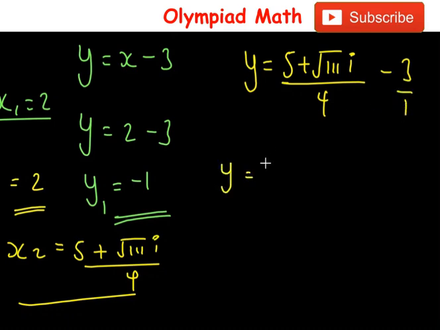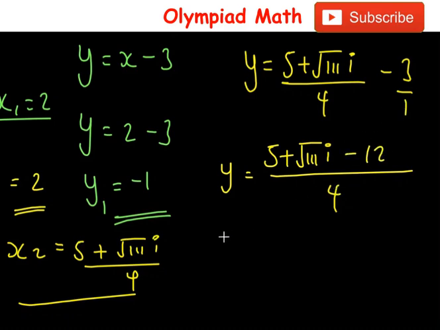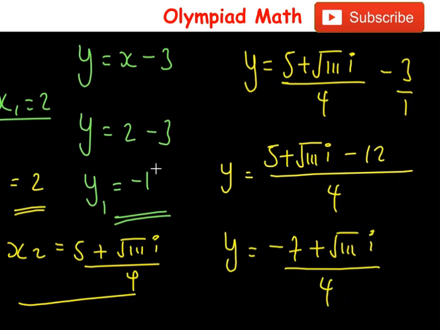Then y is equal to, the LCM of 4 and 1 is 4. 4 divided by 4 is 1, 1 times this, 5 plus root 111i. Then 1 divided by 1 is 1, and 4 times 3 is 12. So y is equal to 5 minus 12, the value is equal to minus 7, then plus root 111i divided by 4. With this, we have the second solution of y.